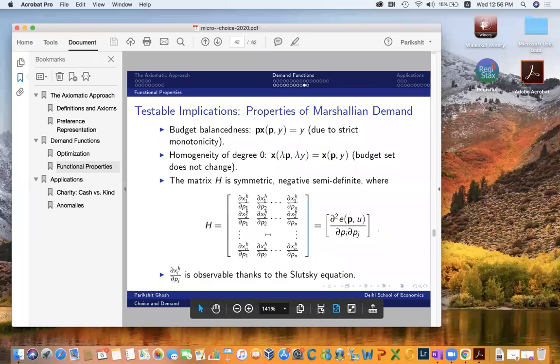Hicksian demand functions are downward sloping. Is that a testable implication? Can we verify or reject that claim by looking at market data? Yes, sir.